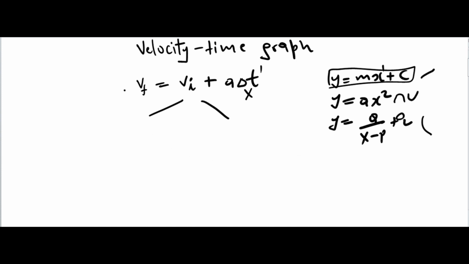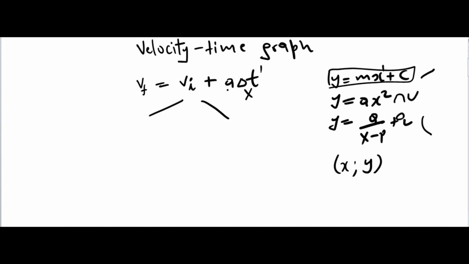Then if you can rearrange here, the velocity time graph, you know that the coordinates are x, y. So since the coordinates are x, y, velocity is our y. This is our y.